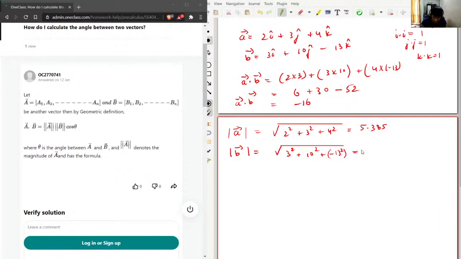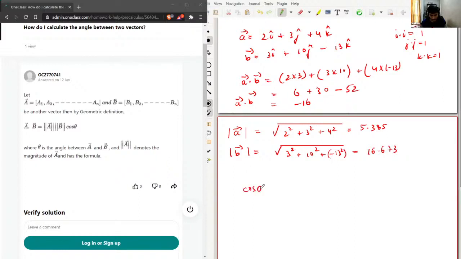Square root of the answer, and that is 16.673. Now I'll just go with the formula.